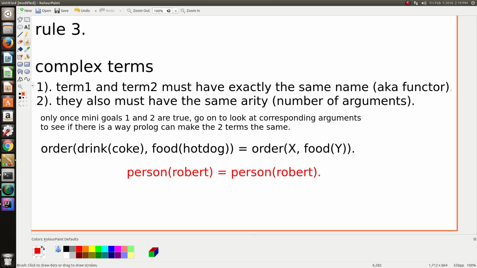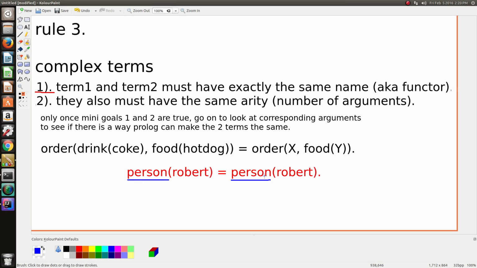I call them mini goals because Prolog will do these first, because it's easiest to rule out the most obvious things that can be wrong first before going to the more resource intensive work of lining up the corresponding arguments. So do term 1 and term 2 have the same name, which is called the functor? So the functor is this here. You can sort of think of it as the function name.